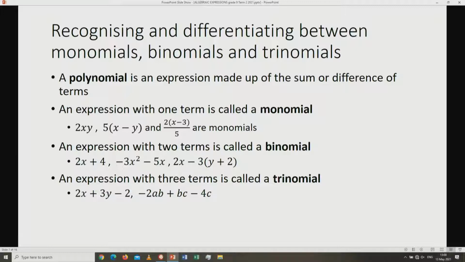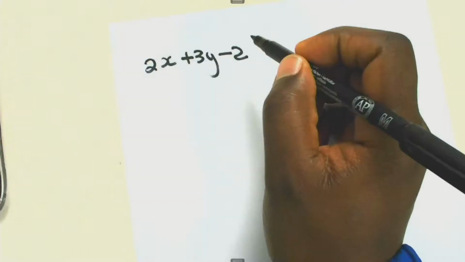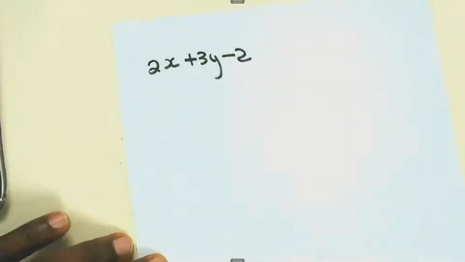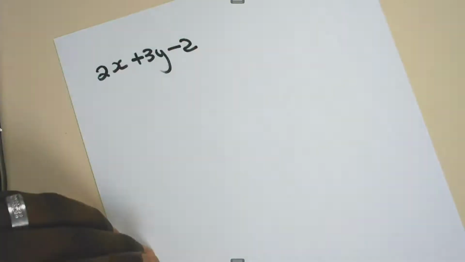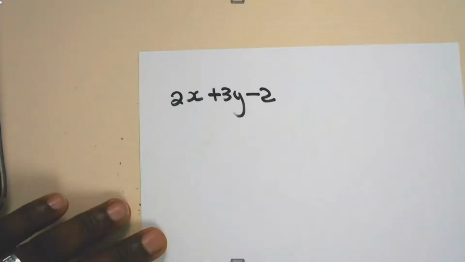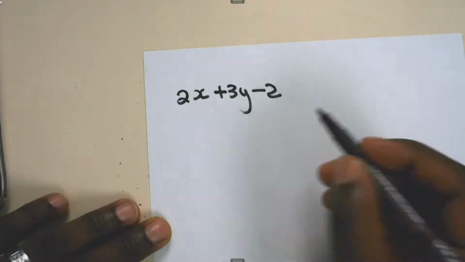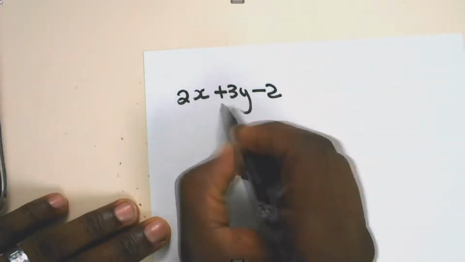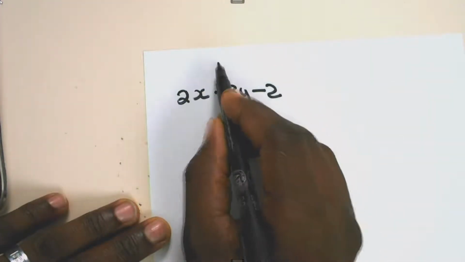All right. Let me write it here so that you can actually see it separately. It is 2x plus 3y minus 2. Can you see that? 2x is term 1, separated by the operation sign.